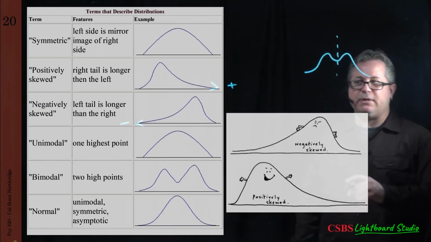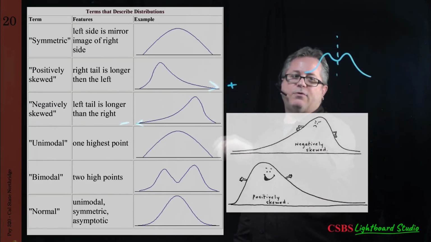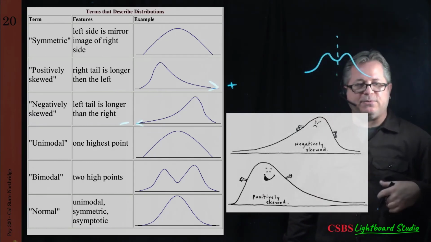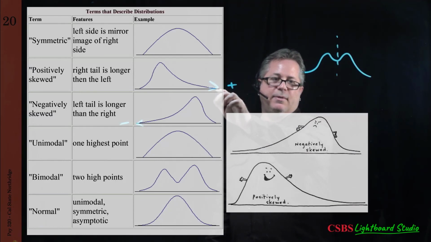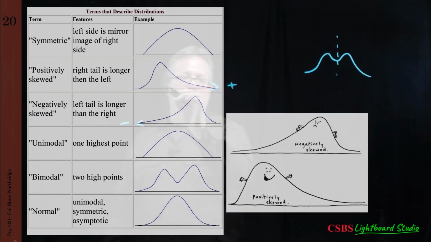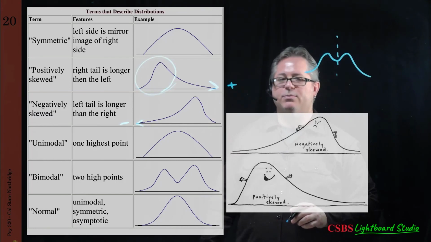The reason is that the smaller frequency of large values are pulling this tail end in this direction. They seem to be different from where most people are sitting. The majority of people are in this section on the lower end of the distribution.